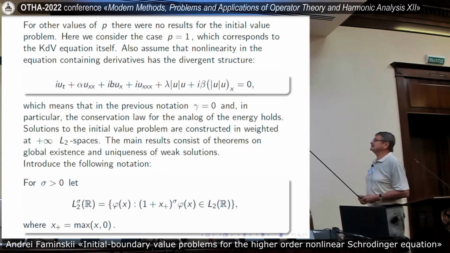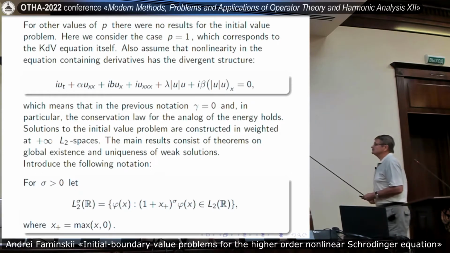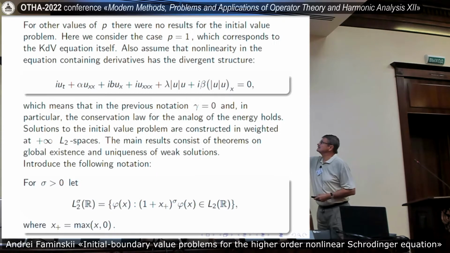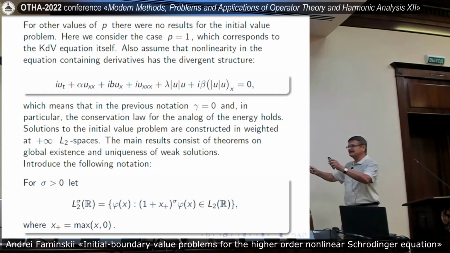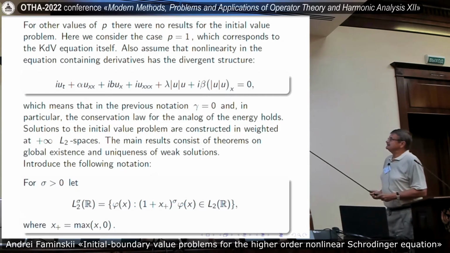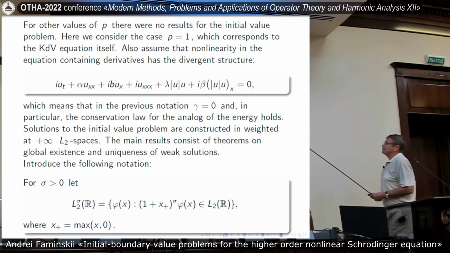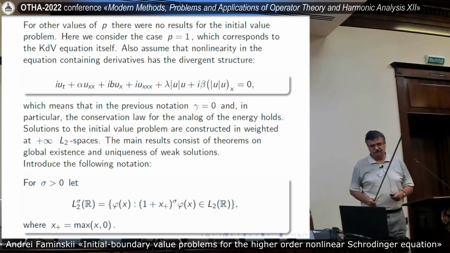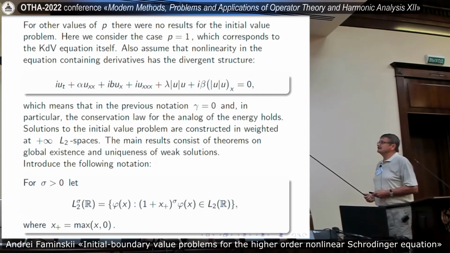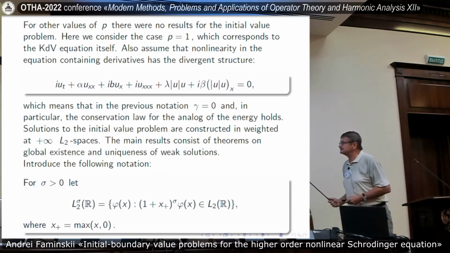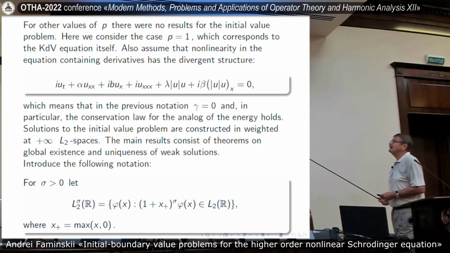So I have to restrict myself to the case where the coefficient gamma is equal to 0, so the non-divergent term is absent. The crucial idea of the study is to study the solutions in weighted L2 spaces, weighted at plus infinity.